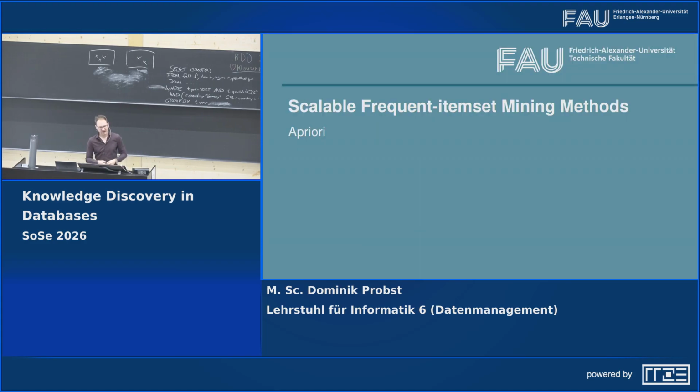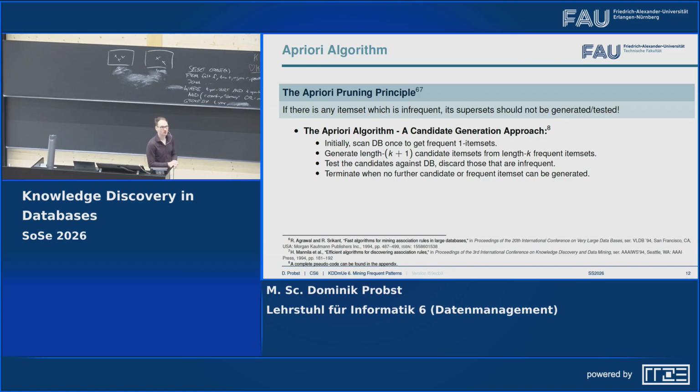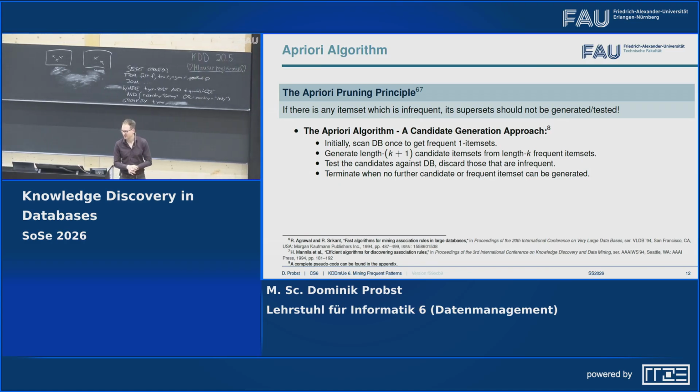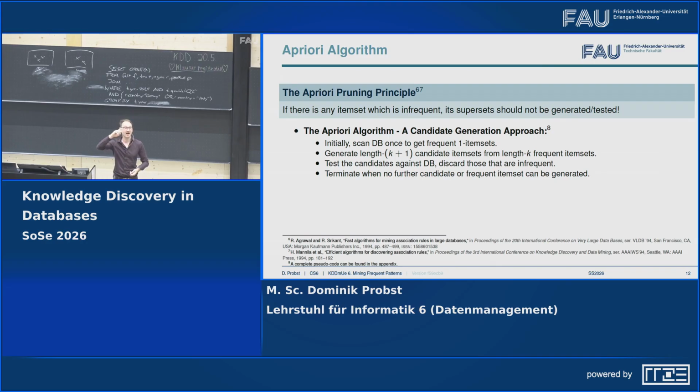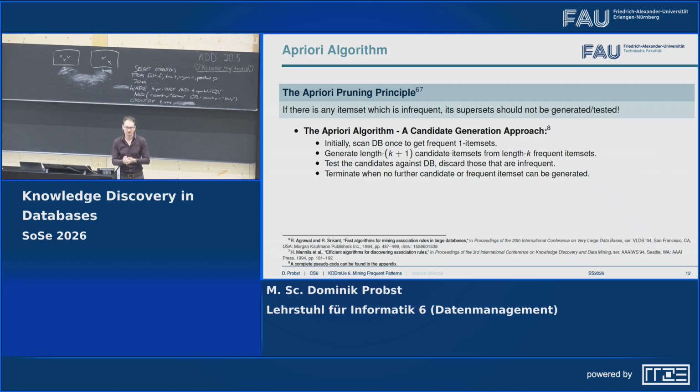And this can be used by Apriori to do the so-called Apriori pruning principle, because we can also talk about it the other way around. The Apriori pruning principle says that if any item set is not frequent, then any superset, so any set containing additional items beyond the original items, can't be frequent.